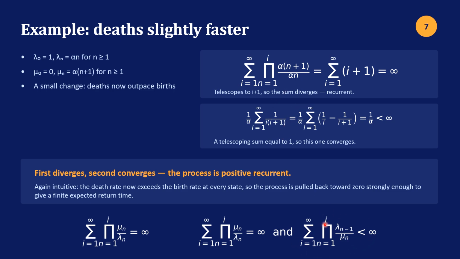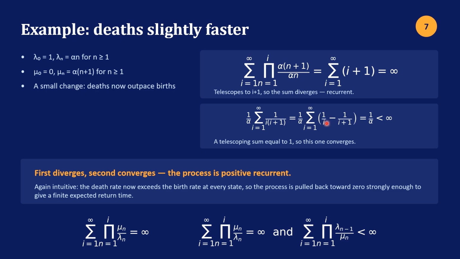And when you do this, the product, and you plug these values in, you get a lot of cancellation. I left out the details, but when you do this, you just get 1 over I times I plus 1. Then you break this into 2 fractions. And then when you sum here, the first term remains, but then the second and third term cancel, and the third and fourth term cancel, and so on out to infinity.